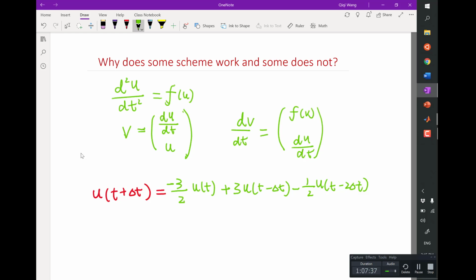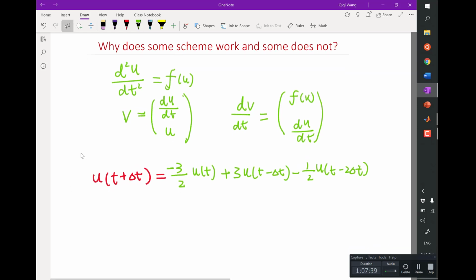When I have this thing, what I can write is my v at t, let me use red on the left. I can write my v at t plus delta t. I'm going to define it as a vector that contains u of t plus delta t.